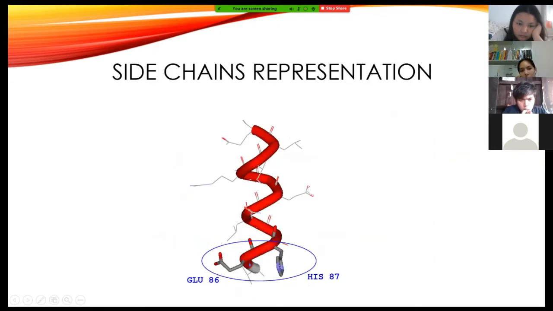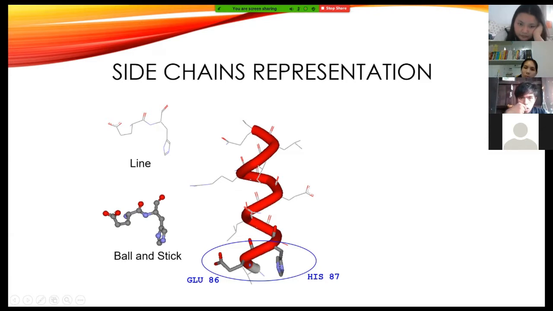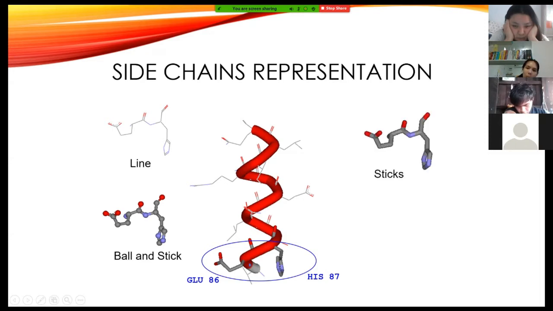So once you've got that kind of information, you can plot the line format of the structure, or if you make the atoms bigger, you have the ball and stick model. In the ball and stick model, they draw the bond as a stick and the atom as a big ball. And if the radii of the ball and stick are equal, it will be called the stick model.